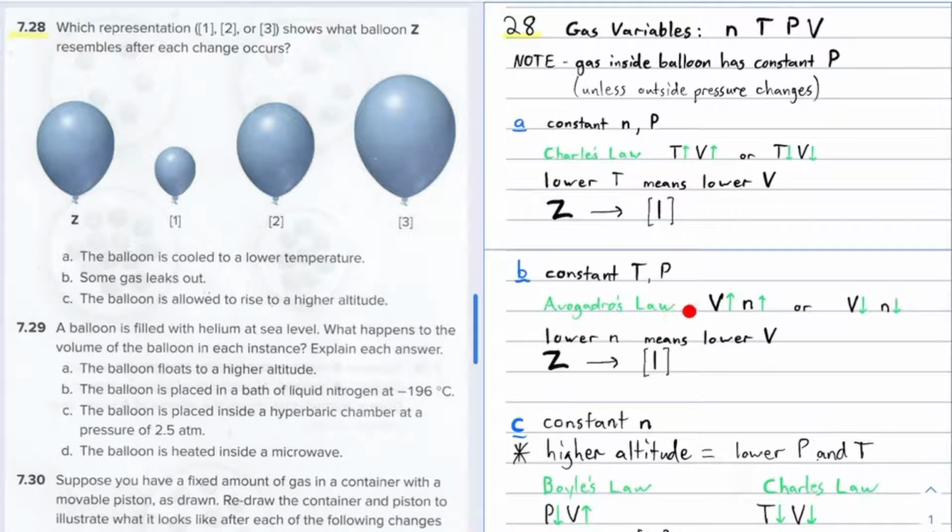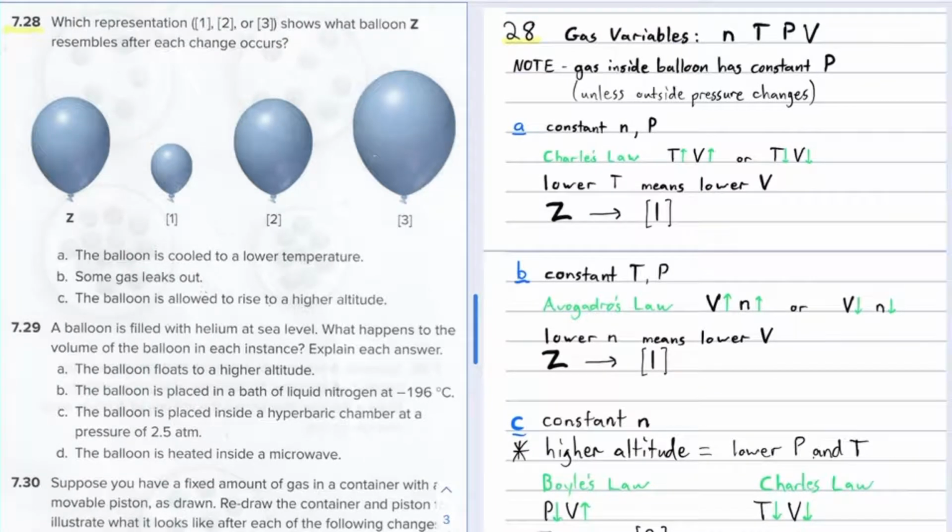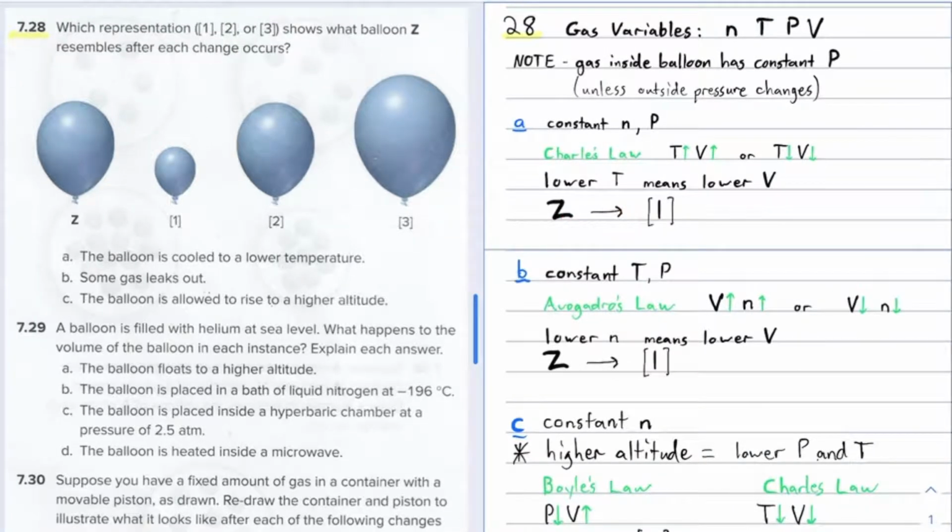Avogadro's law says that the volume and the moles are proportional to each other. When one goes up, the other one goes up, and when one goes down, the other one goes down. So if you lose some gas, if you decrease the number of moles of gas, then the volume of the balloon also decreases. So again, it looks like Z turns into number 1. It turns into a smaller balloon.